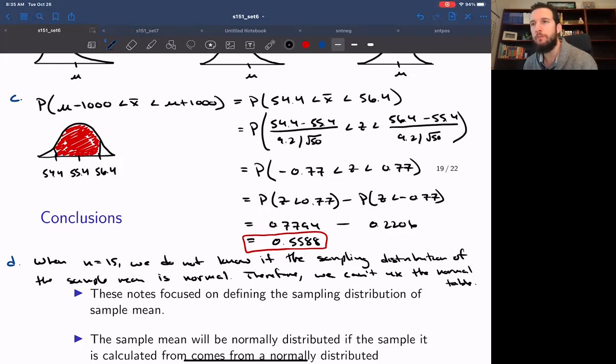It's probably going to be something in between the population shape and the normal shape, but it won't be quite normal. So we can't apply the calculation techniques that we used in part C, because that requires that we can assume normality about the variable.